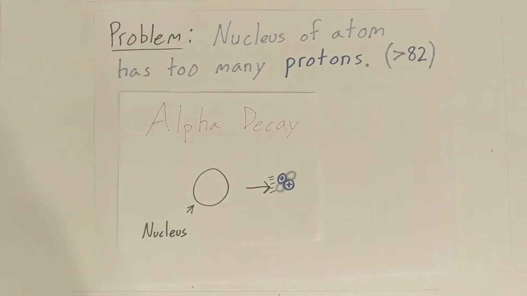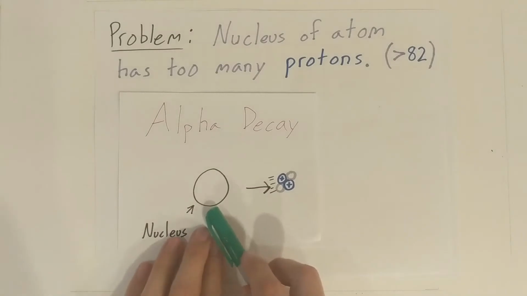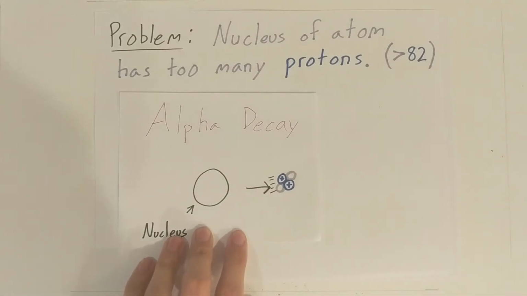And alpha decay is where the nucleus, so remember all these decays or radiation occurs in the nucleus of the atom, the nucleus will release 2 protons and 2 neutrons.